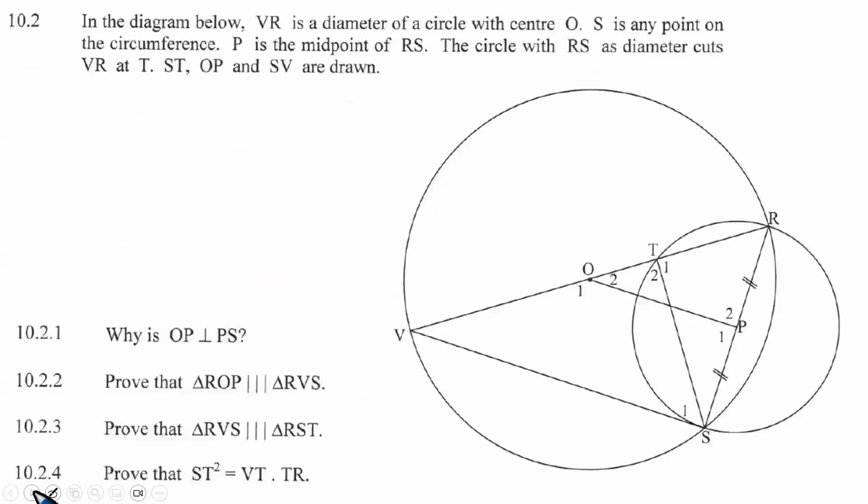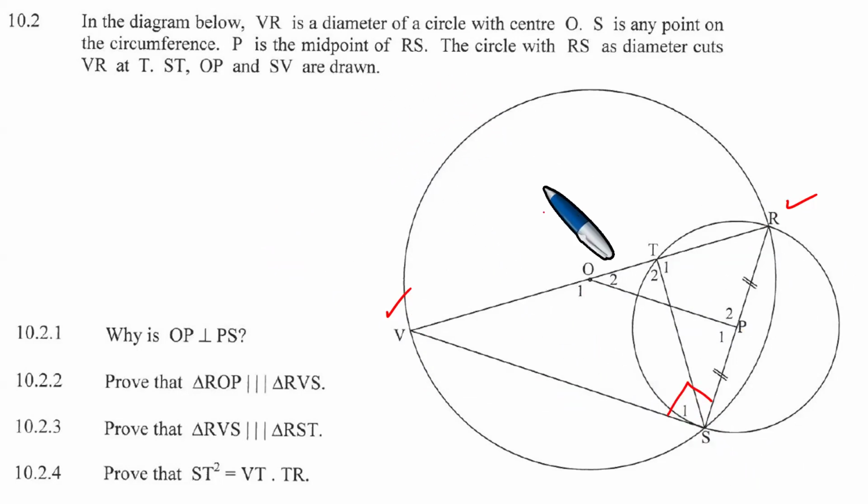Right, the next question is this one. Very interesting. In the diagram below, VR is a diameter. So if this is a diameter, it subtends an angle of 90 degrees there.